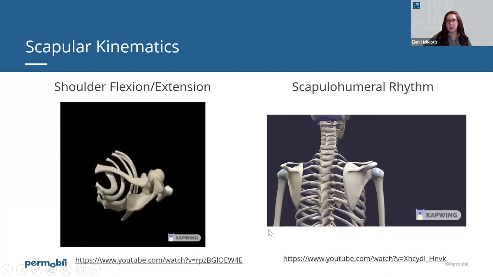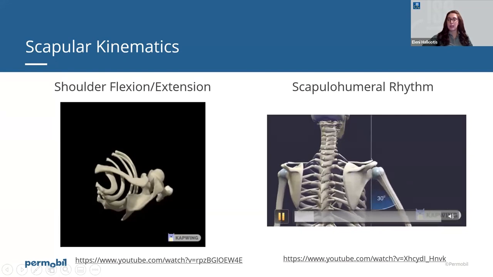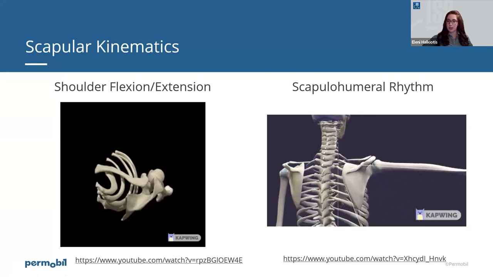And the second video I'm going to play also has no sound, and this is more about scapulohumeral rhythm. If you're working with a client and they are sitting in a wheelchair that's far too wide for them, or the wheels are just mounted laterally to the extent that they need to abduct their shoulder beyond 30 degrees, well, it's at 30 degrees of shoulder abduction where the scapulae begin to rotate.